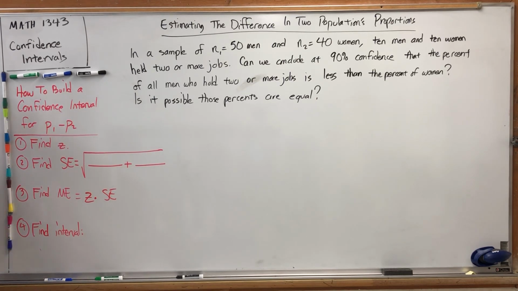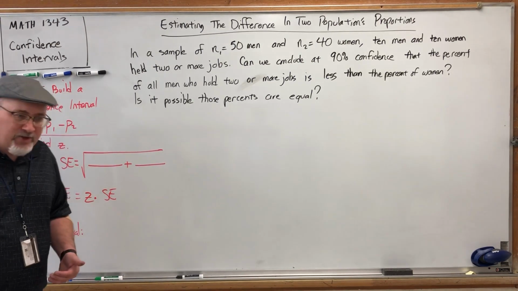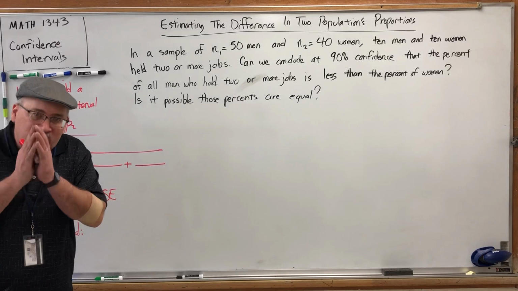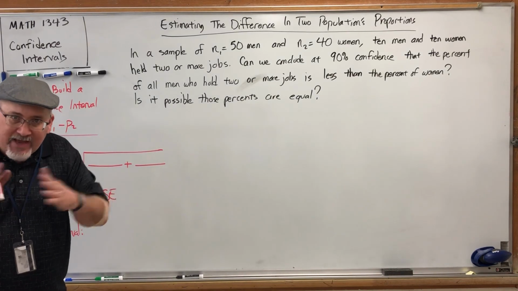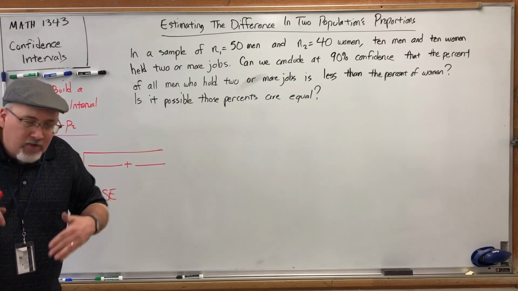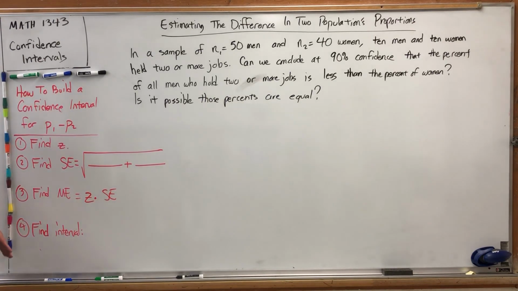And we find the interval, it's almost going to be the same as before. But remember, the underlying premise behind a confidence interval is to take what you get from your sample and stick the margin of error on it, both positive and negative, whichever way. So what's our point estimate here? Well, the point estimate is just the sample version of the population thing we're estimating.